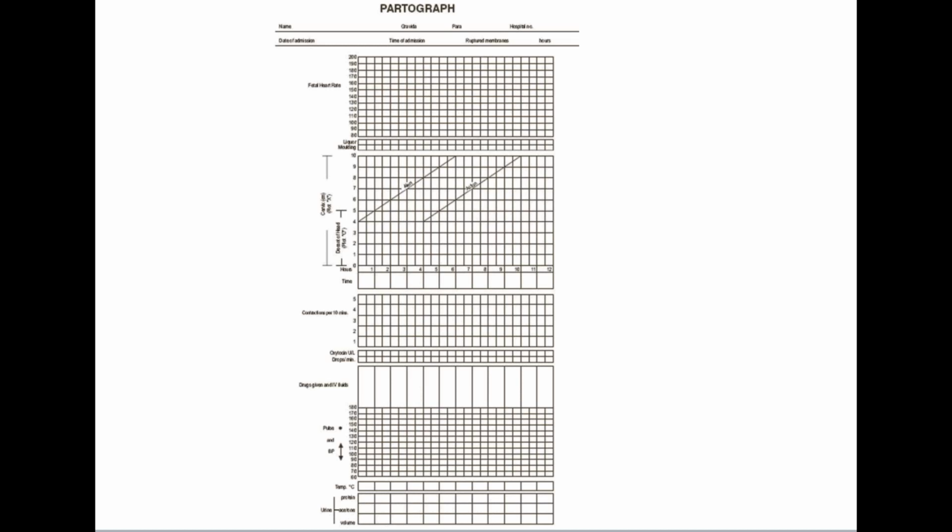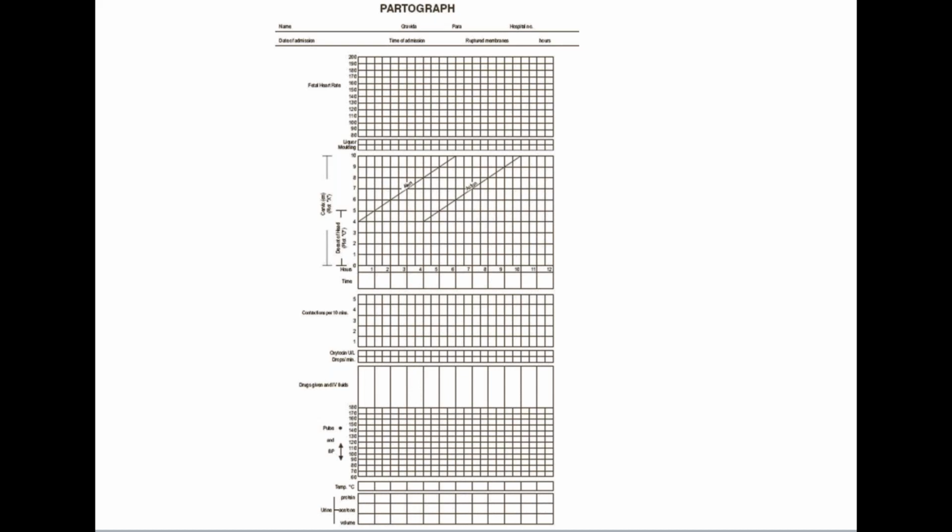And after that, we need to write if the woman is having syntocinon started or not. So if I put syntocinon, I need to write how many units and how many ml per hour. So how many per minute, I mean. For example, I'm putting 5 units, so I will write 5 international units in the upper square.